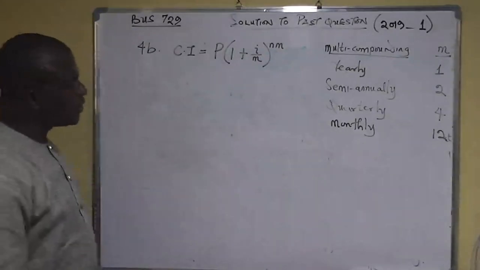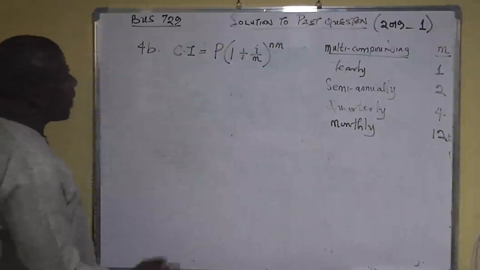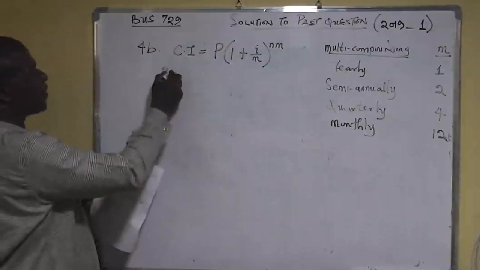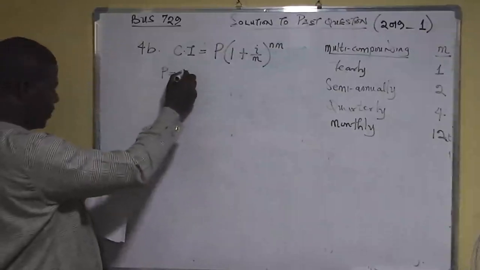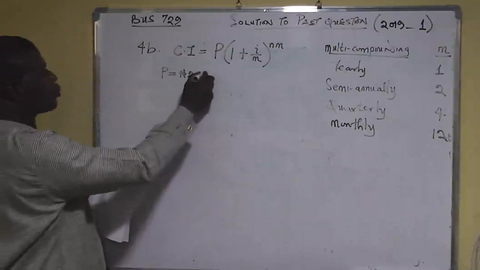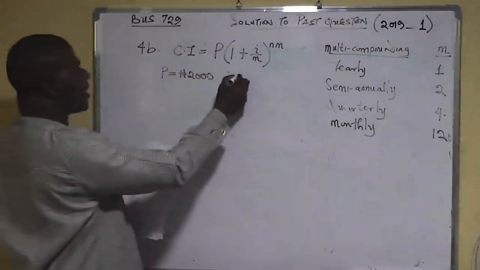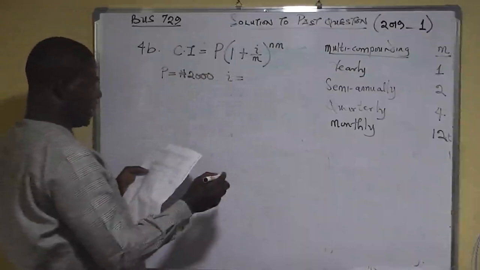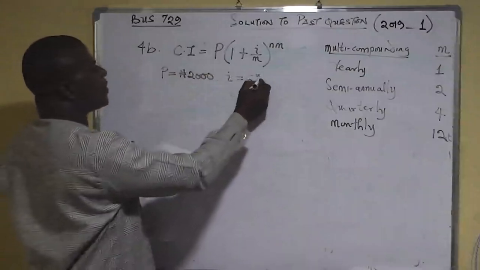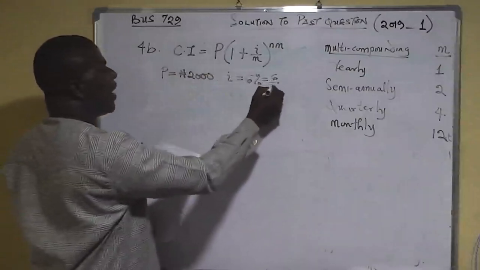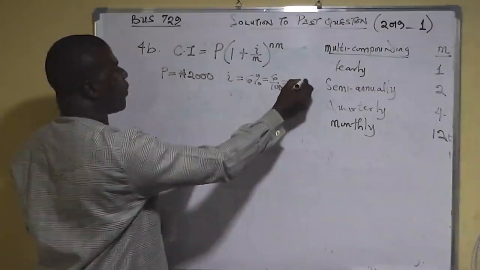So in this one, our principal is 2,000 naira, according to the question. Our interest rate, which is I, is 6%. 6% is the same thing as 6 over 100, which is 0.06.